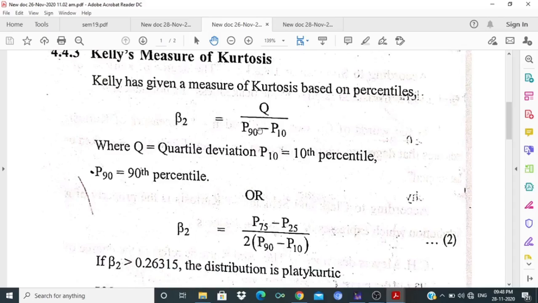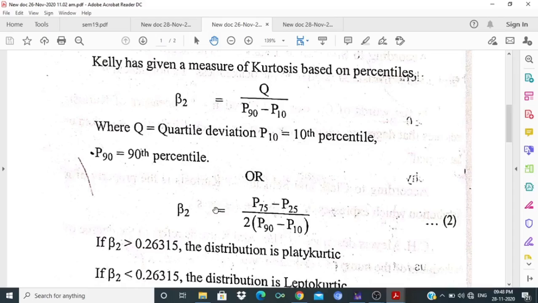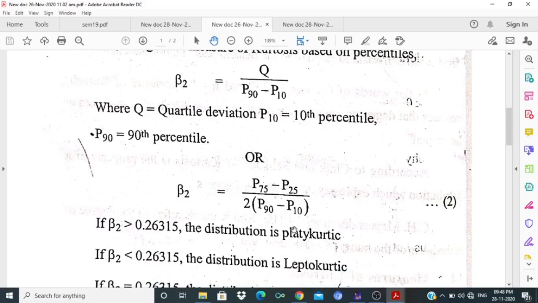Here, beta 2 is equal to Q divided by P90 minus P10. Q is nothing but the quartile deviation, Q3 minus Q1 by 2. P10 is the 10th percentile, and P90 is the 90th percentile. Here, P75 minus P25, that is Q3 minus Q1 divided by 2, is nothing but the quartile deviation, divided by P90 minus P10.